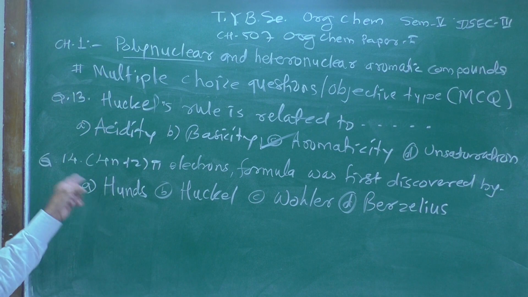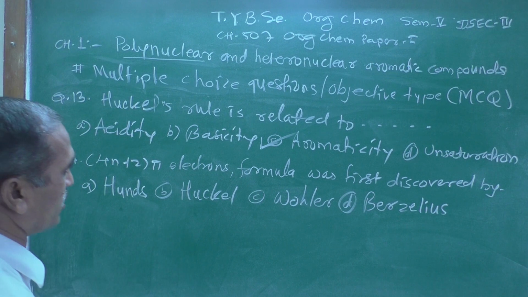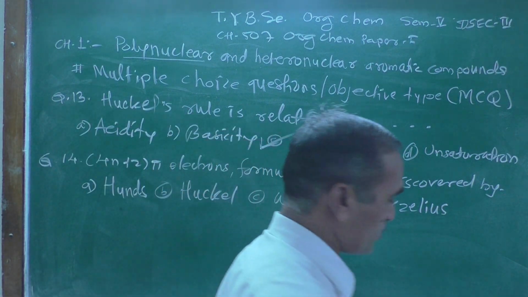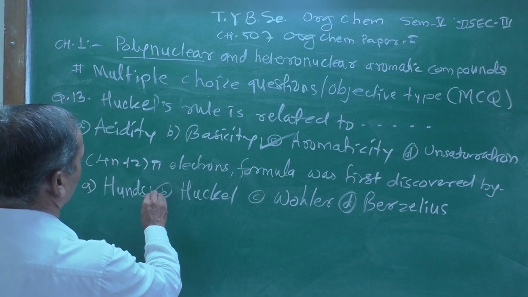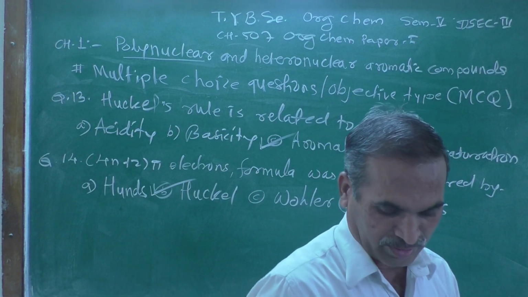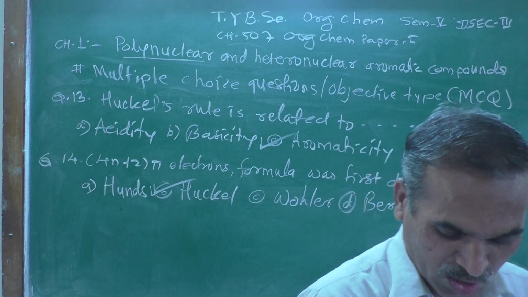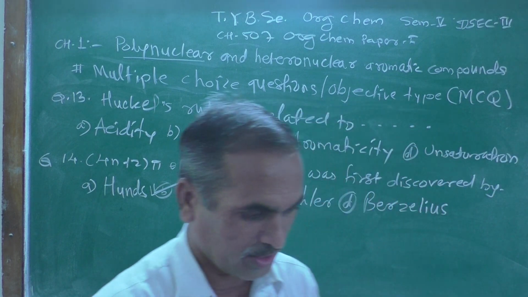Huckel's rule is nothing but the 4n plus 2 pi electrons rule, and therefore the second option is the correct answer. Remember it. Now move on to the next question.